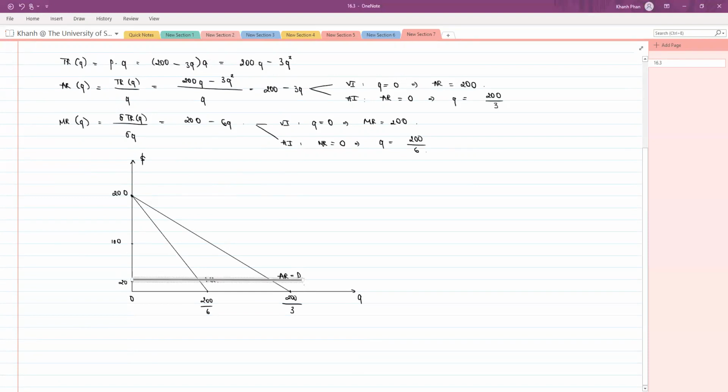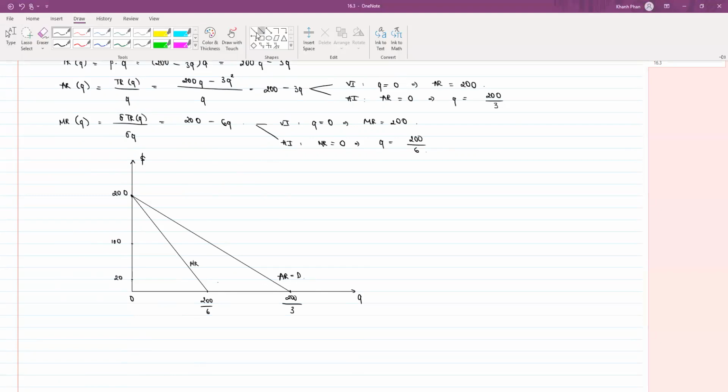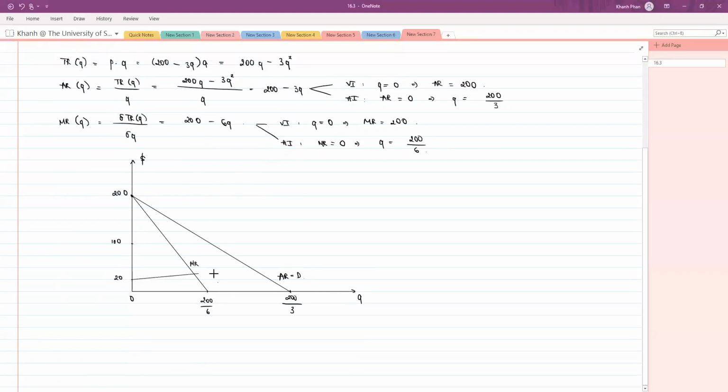Okay, sorry, so I will just make 20 here. Okay, and then what I want to do is I moved here, so it won't be cutting. Okay, so if I draw a straight line over here, that is going to be my marginal cost. Okay, and that is at 20.